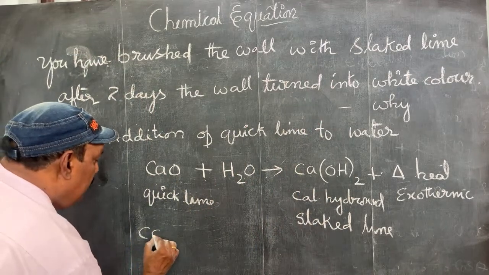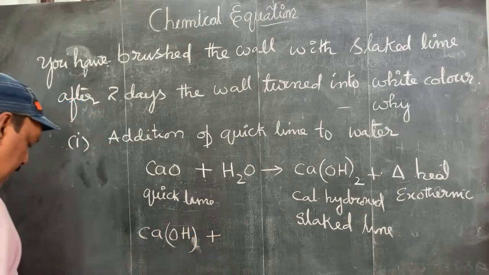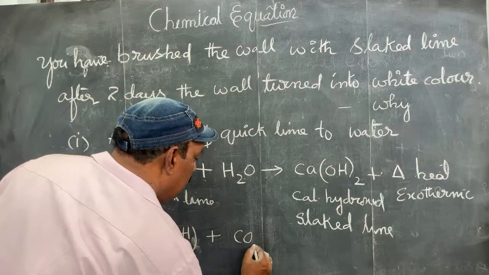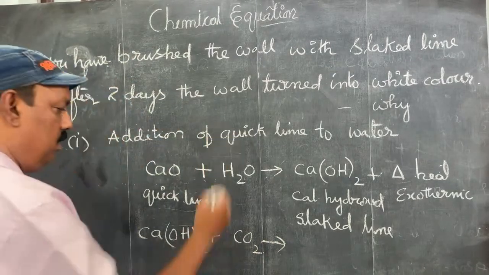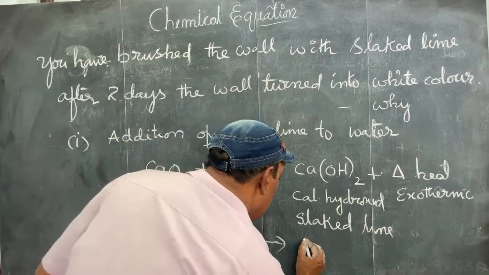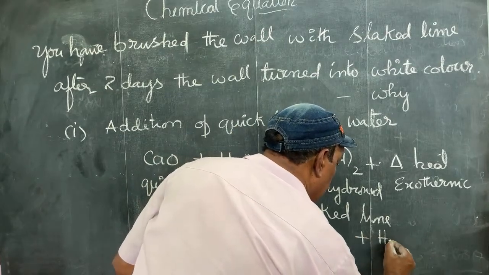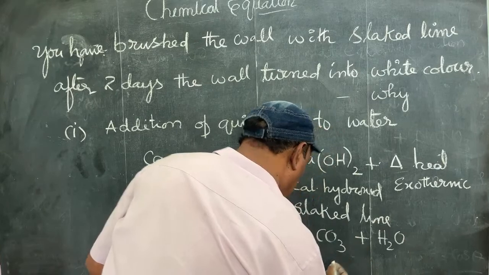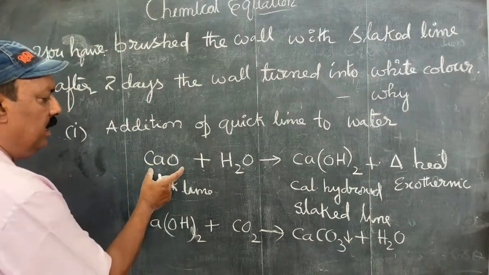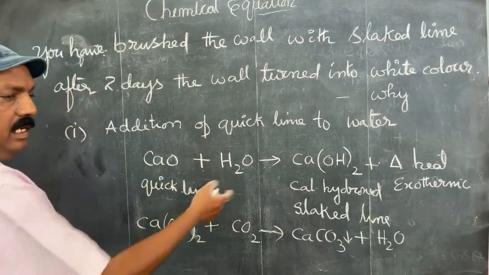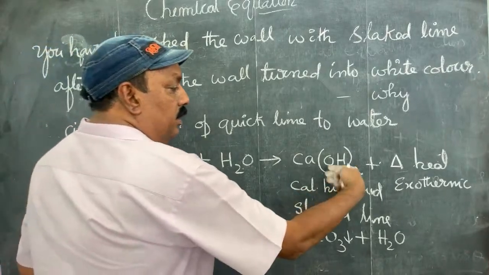What will happen? You can see Ca(OH)2. When we brush it on the wall, we are taking quicklime, adding certain water in the glass vessel, we got calcium hydroxide, so-called slaked lime, and some heat is released.